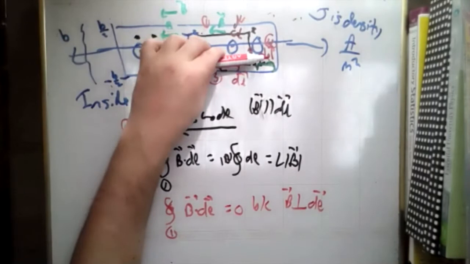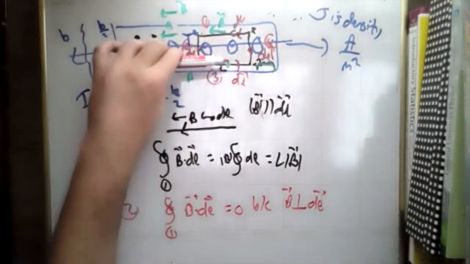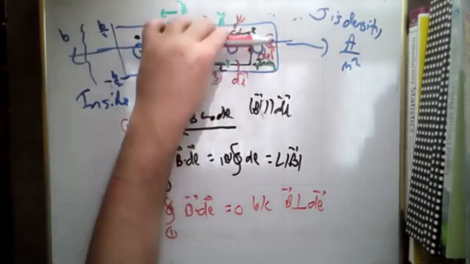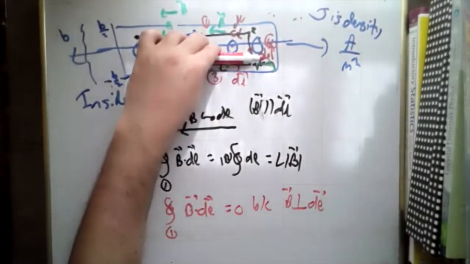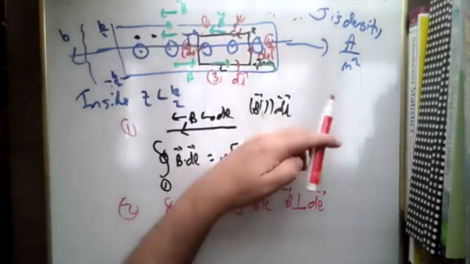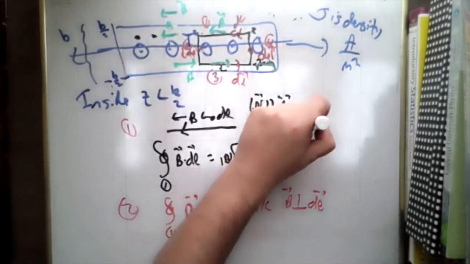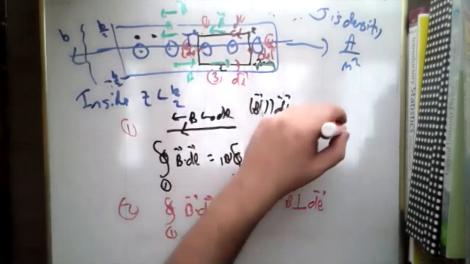Segment 3, DL points to the right, B points to the right. That's exactly the same thing we had up here on 1. They're parallel. So on segment 3, we get the same thing we got on 1.